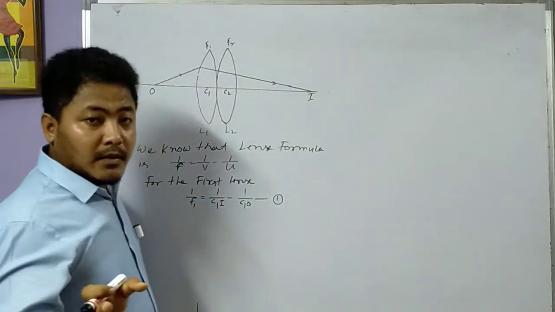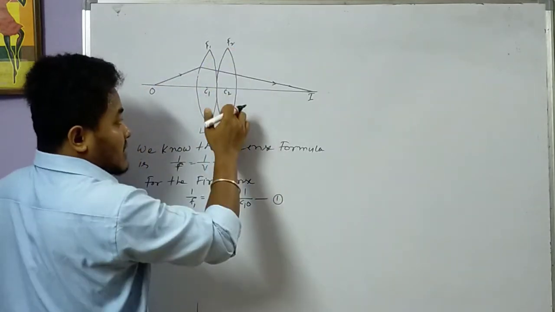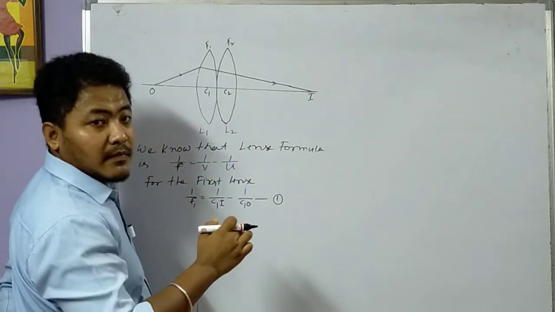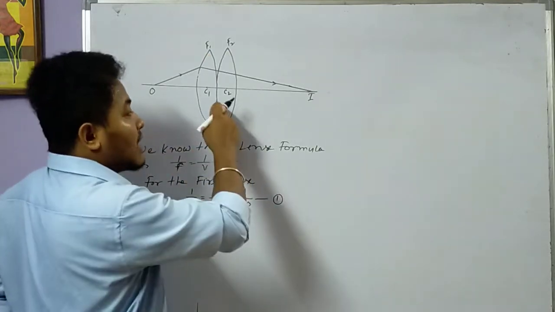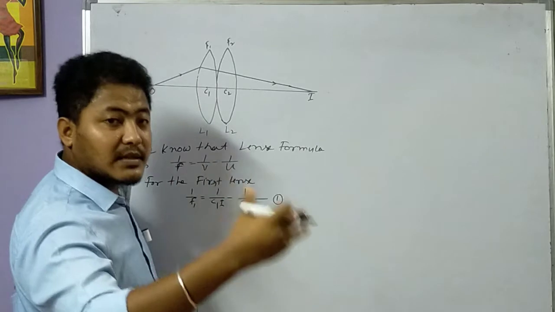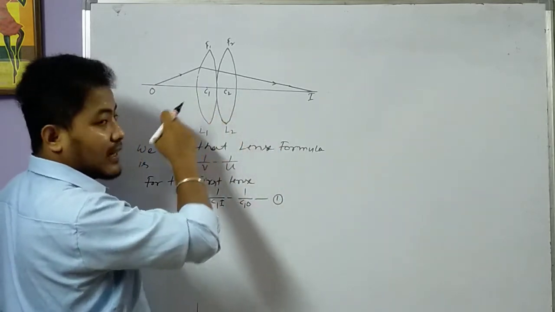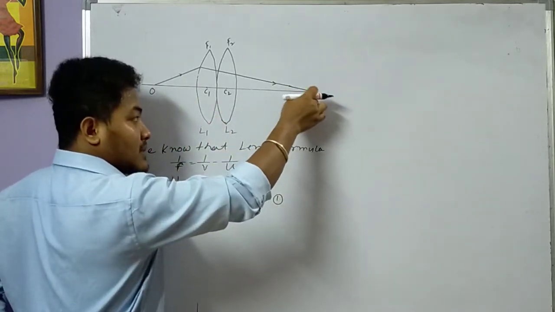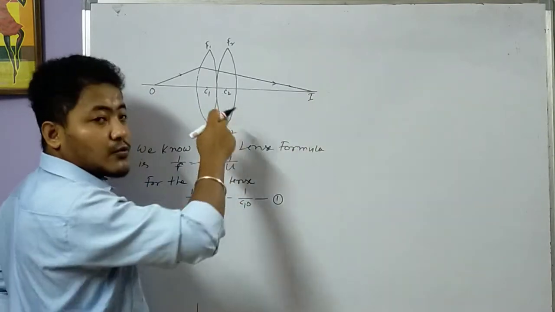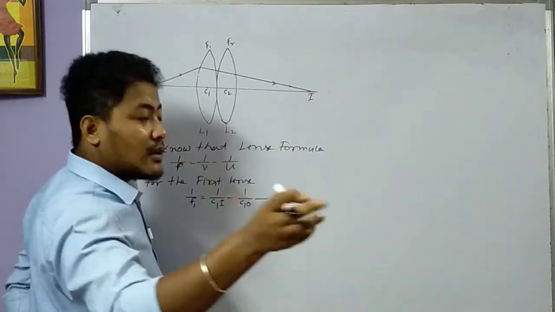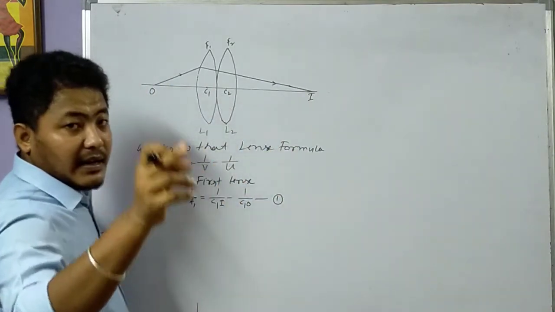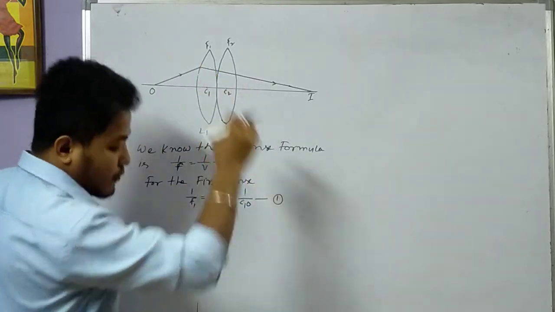Once I have brought this lens in contact with L1, the image of the first lens will behave as the object for the second lens, and then the image for the second lens will be produced here.